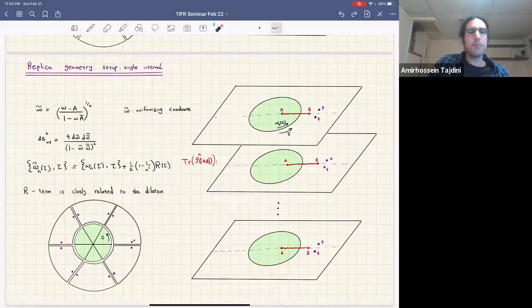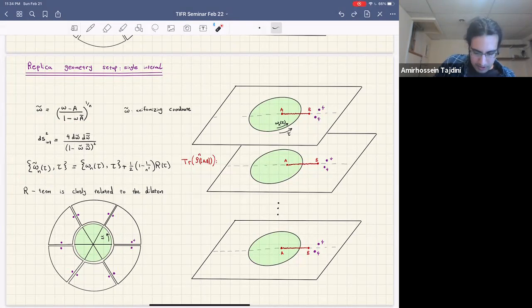There are some details, but basically one part which is simpler to explain is the gravitational part. Because the gravitational part is a disk, we know that the equation of motion will be given by the Schwarzian of this coordinate, which is the disk coordinate. We can go from the uniformized geometry to the quotient geometry.